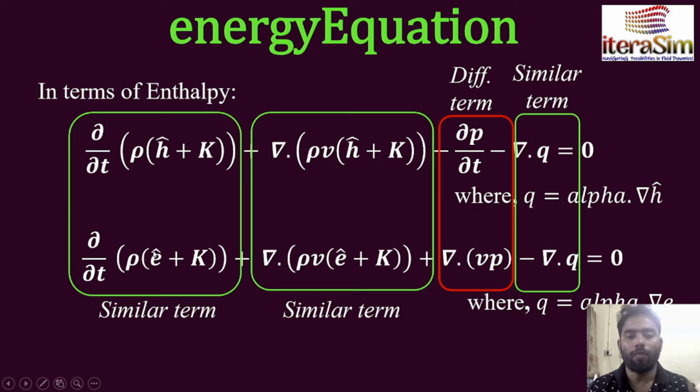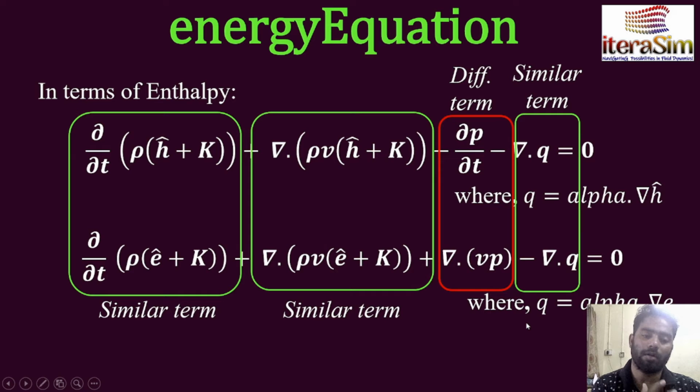So if you want to make this equation user friendly, we are going to ask the user whether they want to solve this equation in terms of the enthalpy or in terms of the internal energy. Based on that choice, we are going to solve either this equation or this equation.